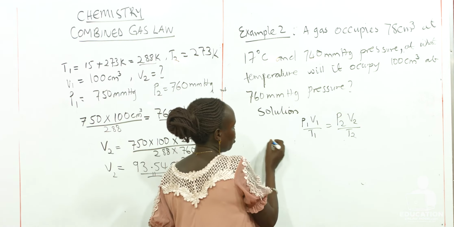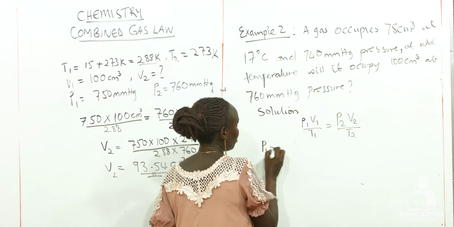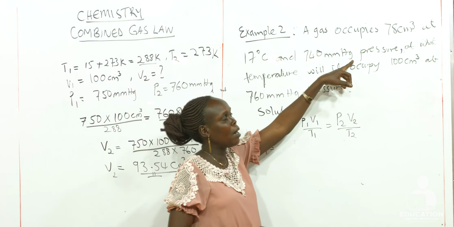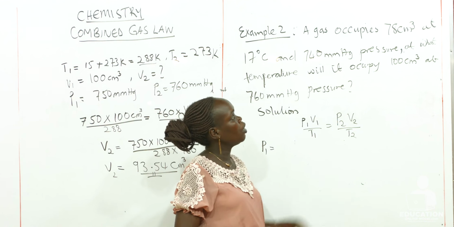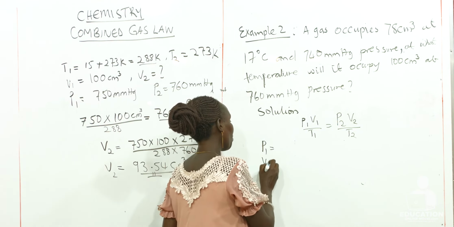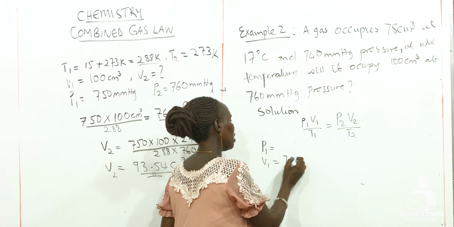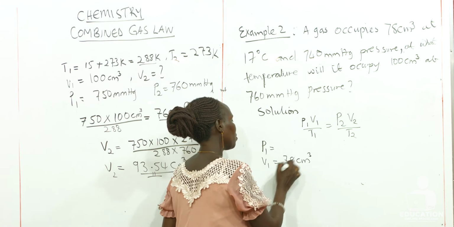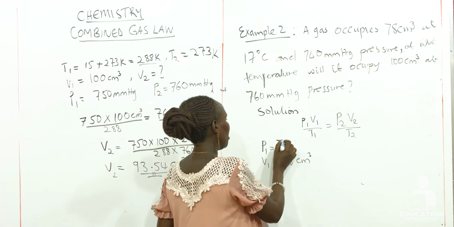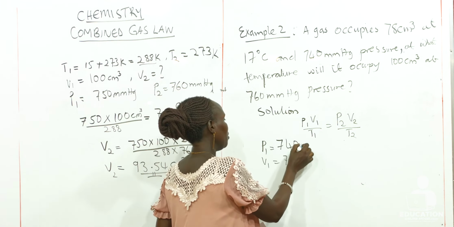So here pressure 1 is, if you read this statement, a gas occupies 78 centimeter cube. It means volume 1 is 78 centimeter cube. So pressure 1 here is 740 millimeter.